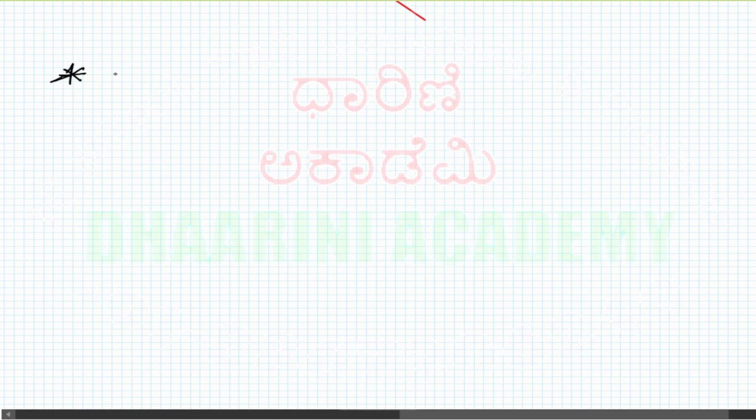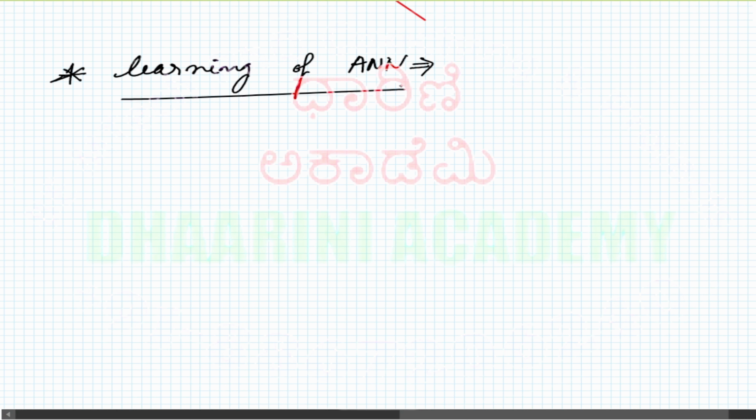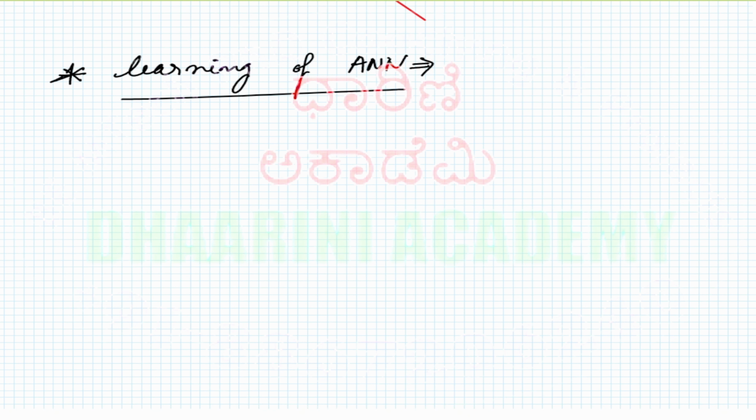In that particular case, the learning of an ANN, or in general any machine, means what? You try to answer this question related to neural networks only, because it can be generalized later on to any machine. Right now we have not studied any other machine learning methods or techniques, so let's not generalize as of now.